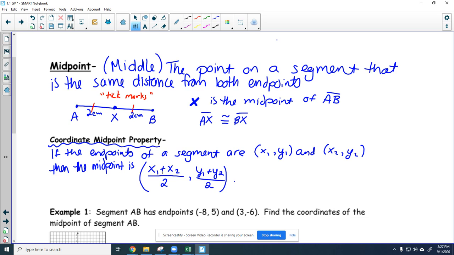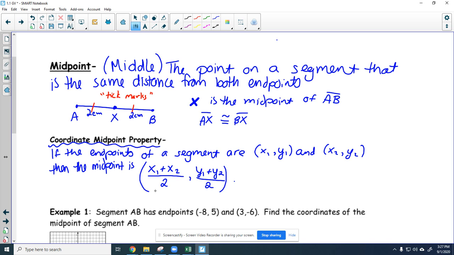Now, if you think about what's really going on here, for the x-coordinate, I took my two initial x-coordinates, added them up and divided by 2. Right? So I'm adding two numbers, I'm dividing by 2. I want you to think on your own for a second. Does that process sound familiar? Add up some numbers, divide by how many there are.